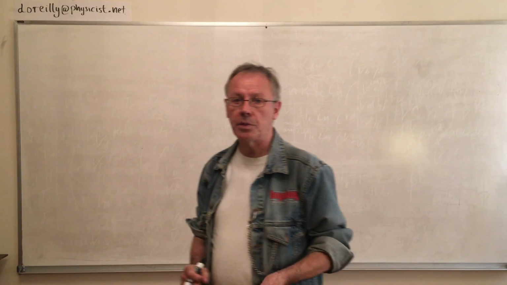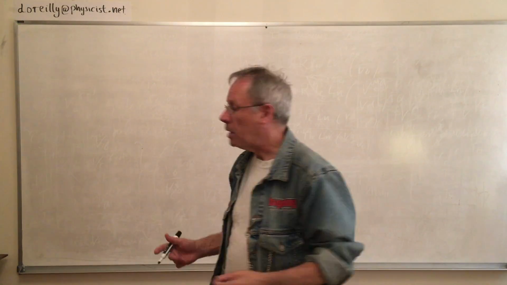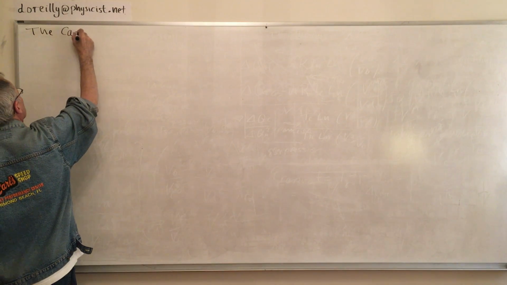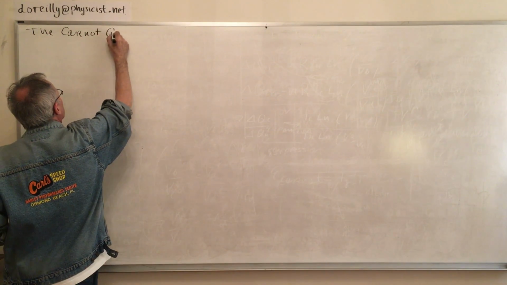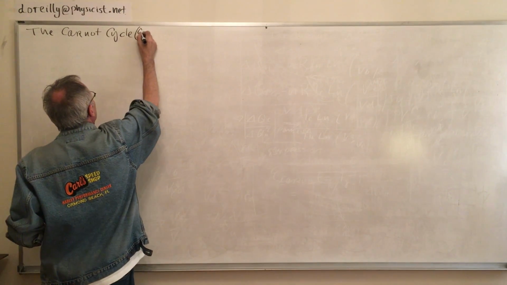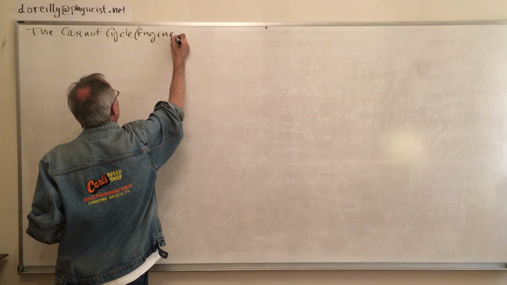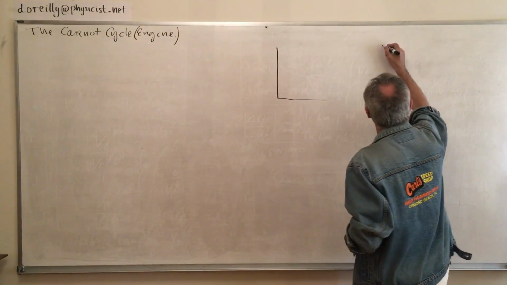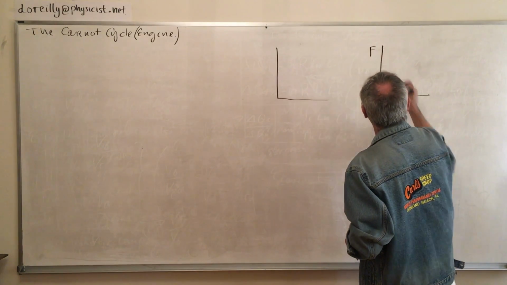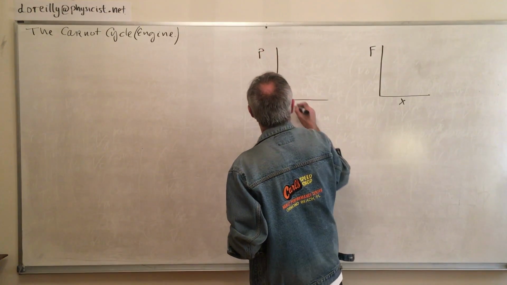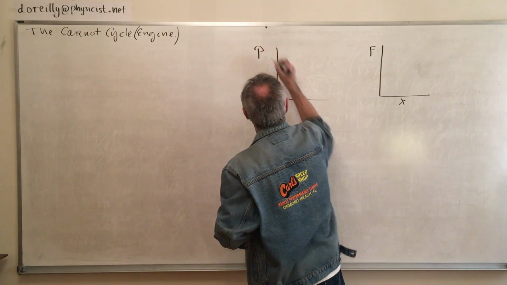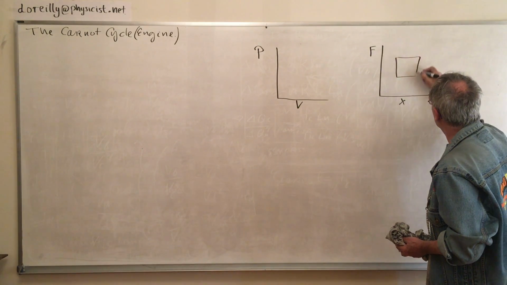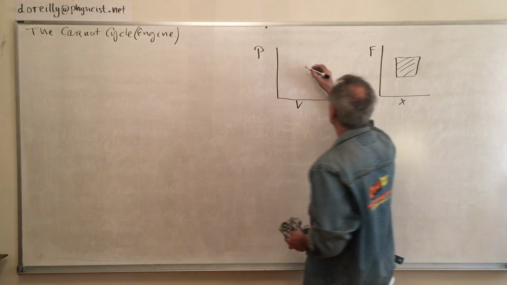Now I gave you Carnot's lifespan previously. He died quite young. Now cycle is the operative word, because we need a cycle, just the same as you have in a force extension graph for a spring.